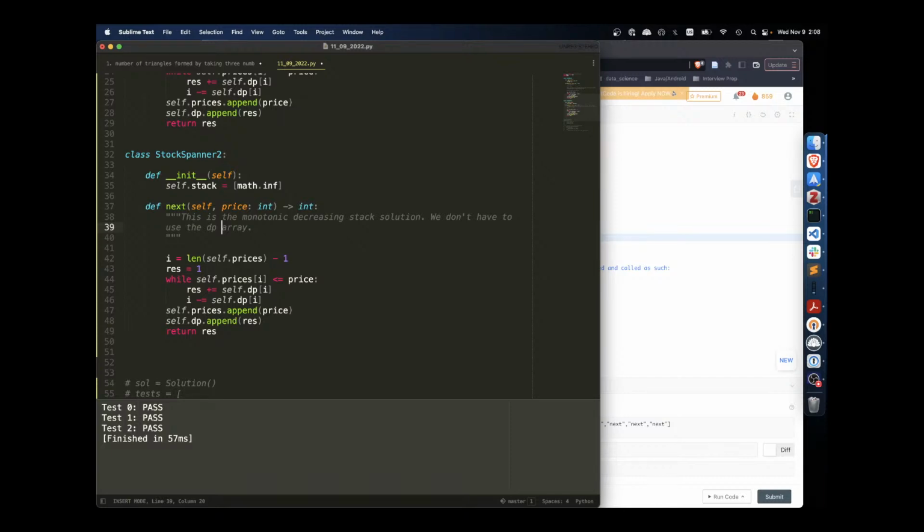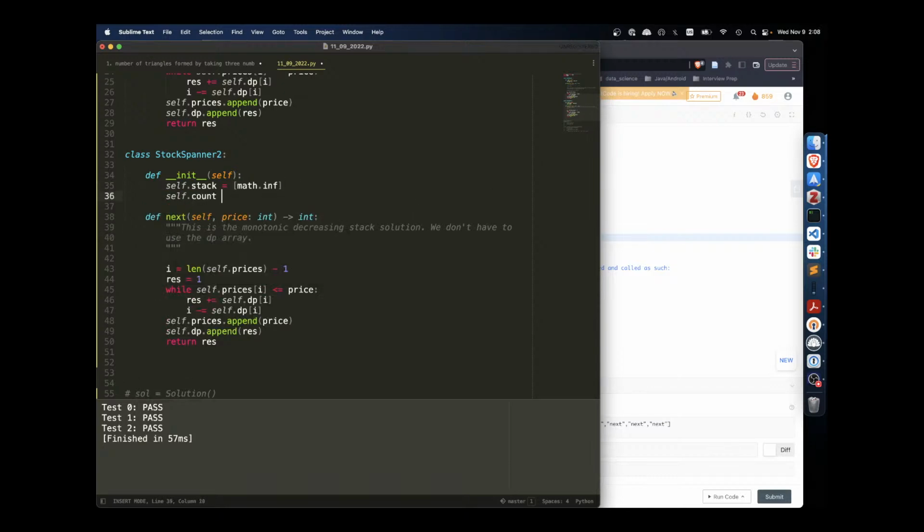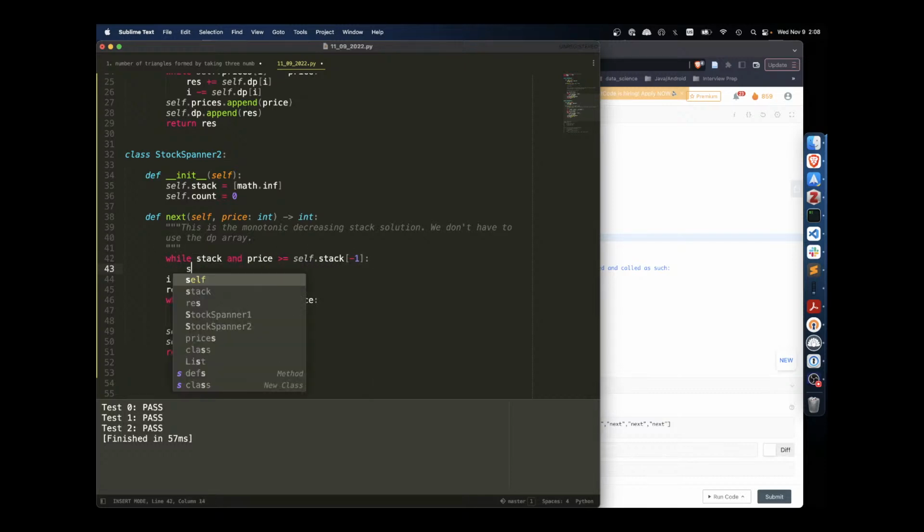Then I find the difference. So I still need self.count. How can you do that without a count? I don't know. Let me just say while stack and price is larger or equal to self.stack[-1], stack.pop.